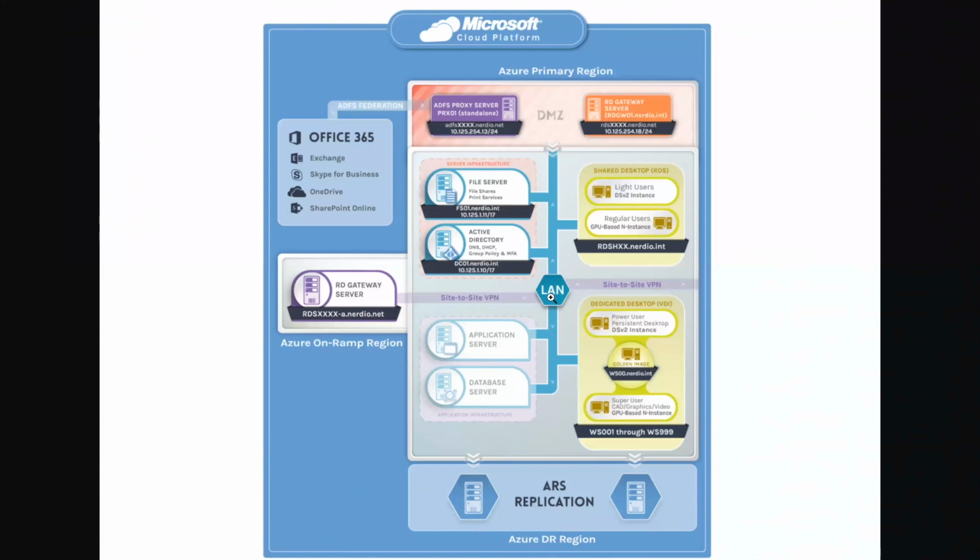So gigabit or more, 10 gigabit type of connectivity. If I place a user's desktop into the on-ramp region, my desktop streaming performance is going to be great because it's going to be very close to me geographically, low latency and everything. But my QuickBooks client is going to have to be pulling data over a site-to-site VPN across a WAN effectively from another region.